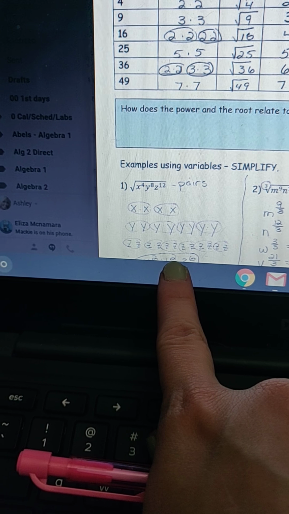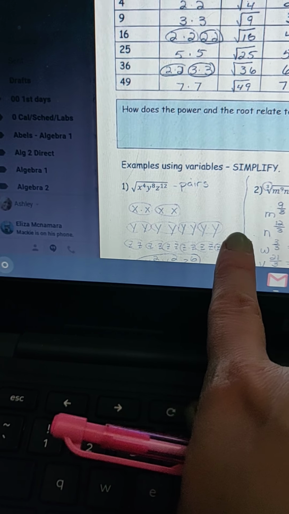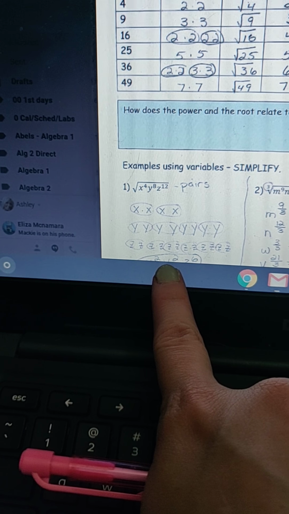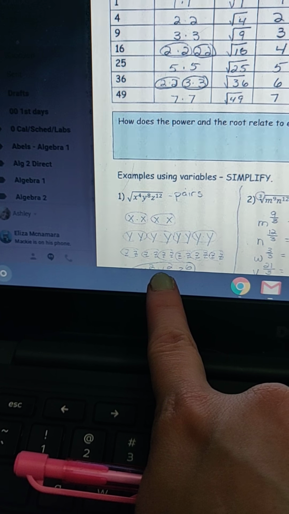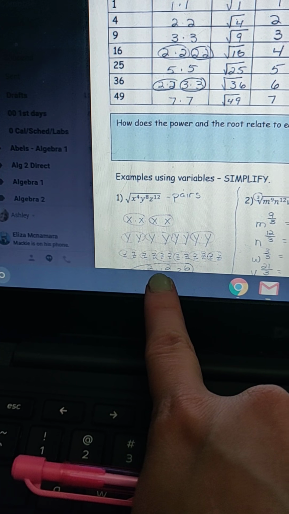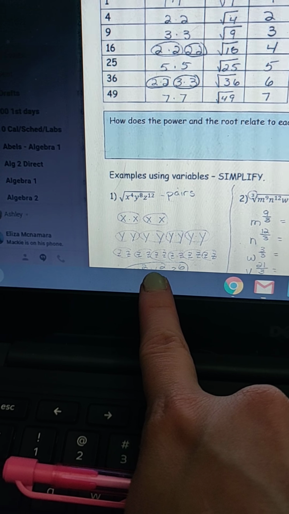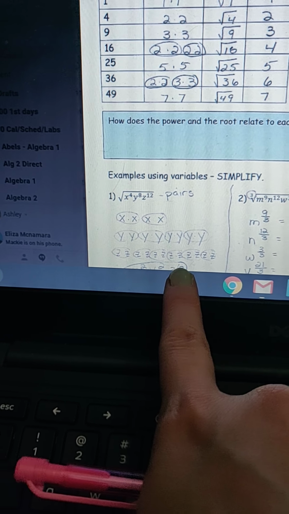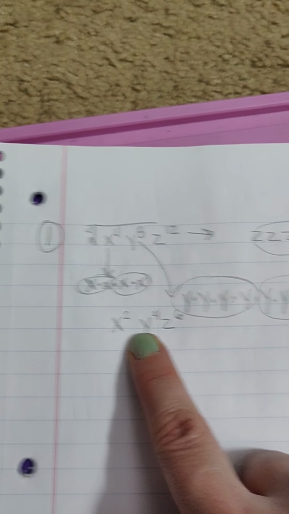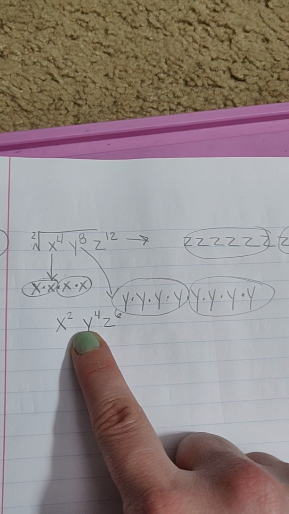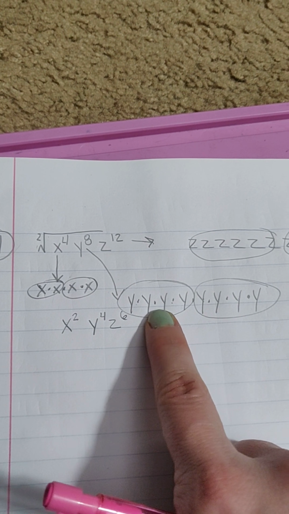Oh, shoot. 1, 2, 3, 4, y to the 2nd. These are pairs. That should be y to the 4th. And then z to the 6th. Yeah, we have z to the 6th. That should say y to the 4th. We've got it. We're good. Two things that are the same. What does it say? Y to the 4th.